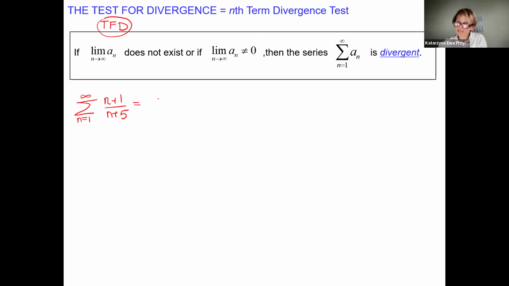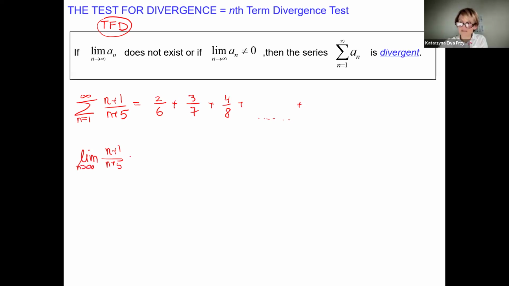We may say, okay, this is 2 over 6 plus 3 over 7 plus 4 over 8. This is not telling me much, but at infinity, how do these terms behave, what do they approach? We can see 2 over 6, 3 over 7, 4 over 8, then 5 over 9, and so on.